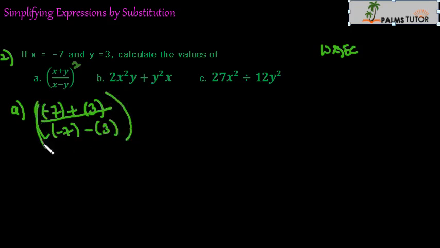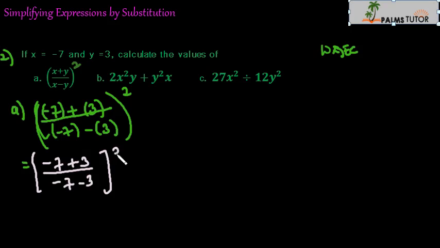We have to be very careful when we are expanding our bracket. This means all squared, not multiplied by 2. So now we have minus 7 plus 3 over, you see I have a big bracket, over minus 7 minus 3, all squared.